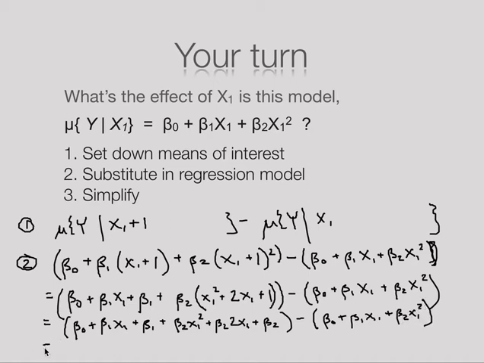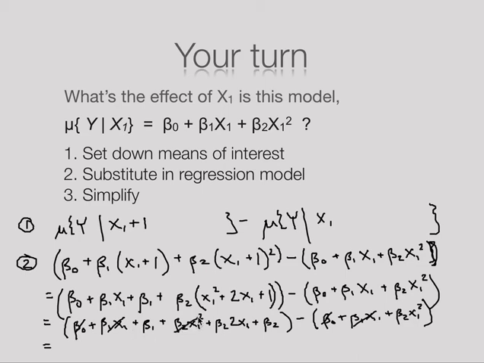Okay, now I'm going to do the subtraction. I have a beta 0 here and a beta 0 here. They're going to cancel each other out. I have a beta 1 x1 here and a beta 1 x1 here. They're also going to cancel each other out. Doesn't look like there's anything to cancel that beta 1.